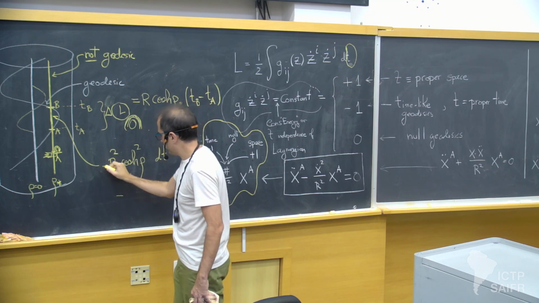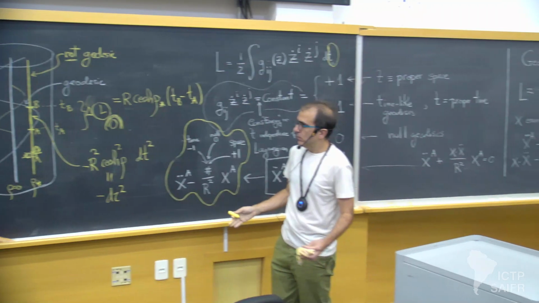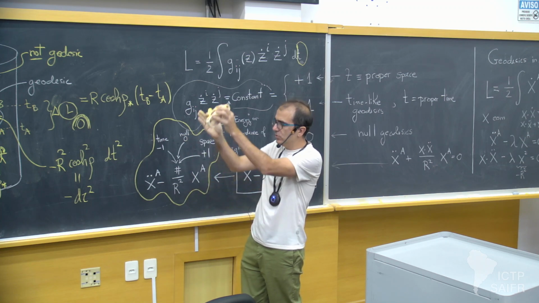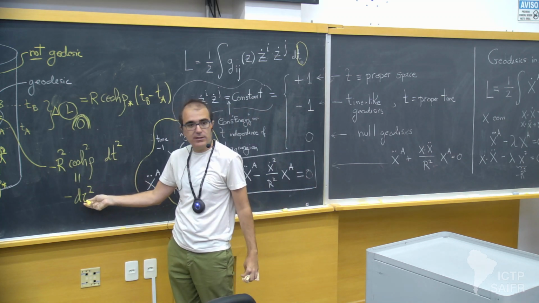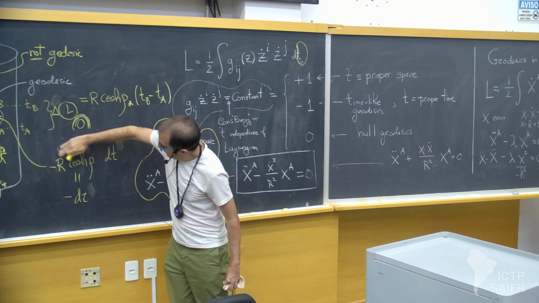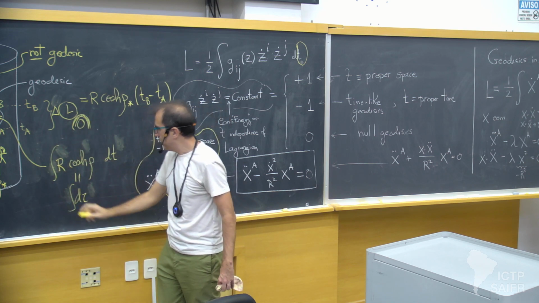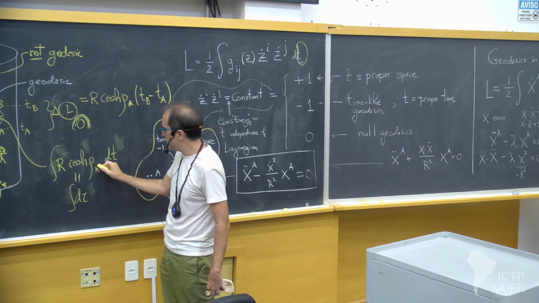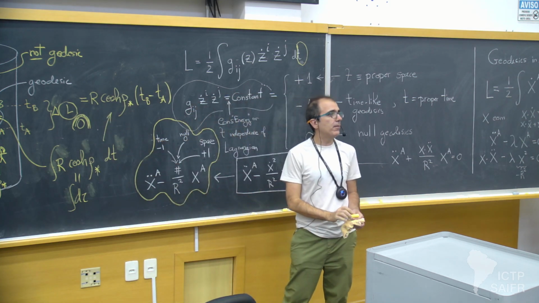This is d tau squared, where tau is the proper time. As we evolve up, phi doesn't change, the angles don't change, the radius doesn't change, nothing changes, only time changes, so only this part is relevant. And now we take the square root, we take the plus sign, and we integrate this. But the integral, like we said, is trivial because nothing depends on time. This rho is fixed, this rho star, and therefore we get this. Thank you. All good?